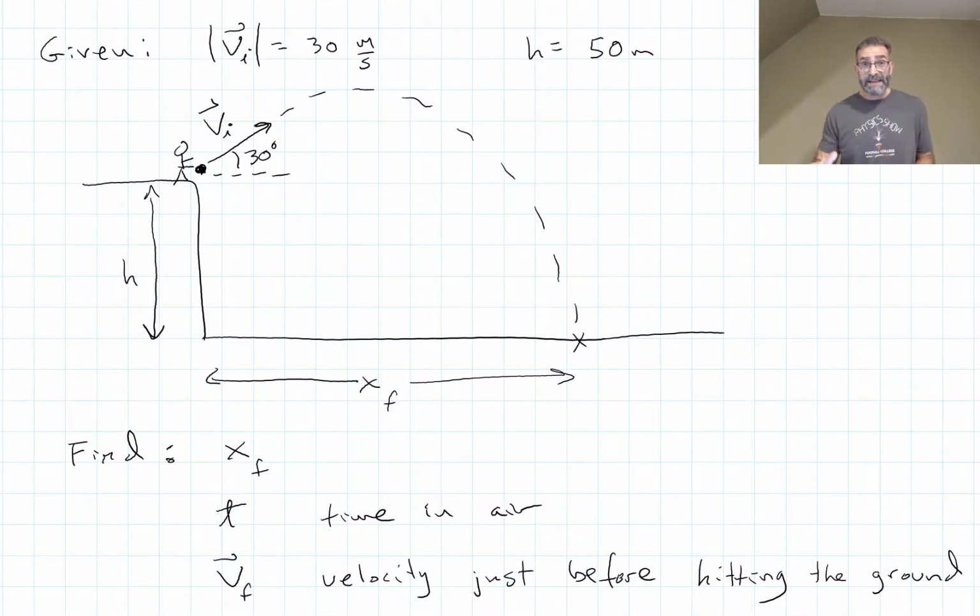The three places that make the most sense are the beginning of the problem, the end of the problem, or the lowest point in the problem. I think most students would pick the origin to be right here, the left lowest most point in the problem. But you could pick it wherever you want.